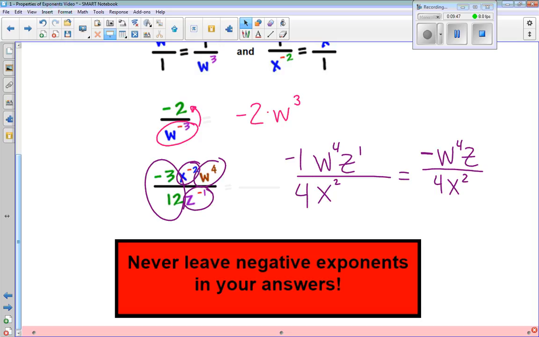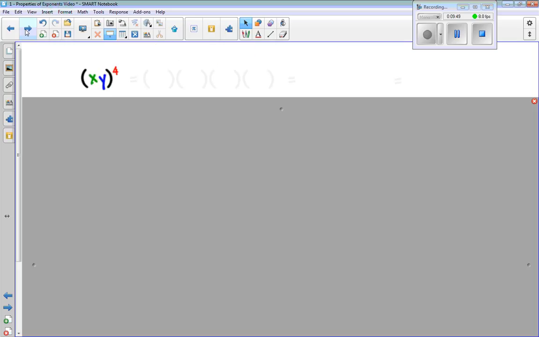All right, so let's go ahead and practice a few. This is an interesting application, so let's just write out what this would be. xy to the fourth is just xy times xy times xy times xy. And here we see we have 1, 2, 3, 4 y's and 1, 2, 3, 4 x's.